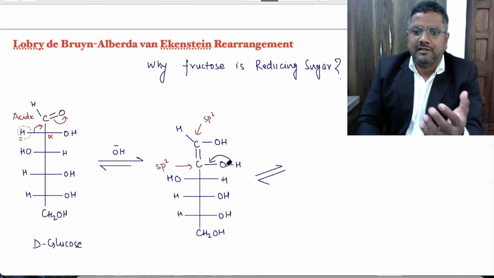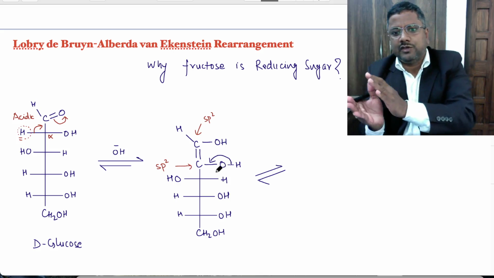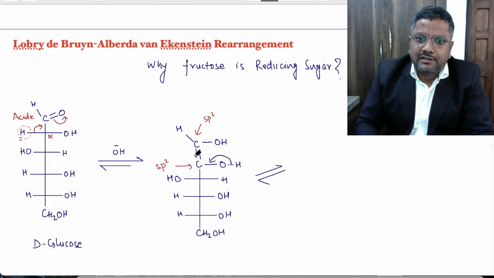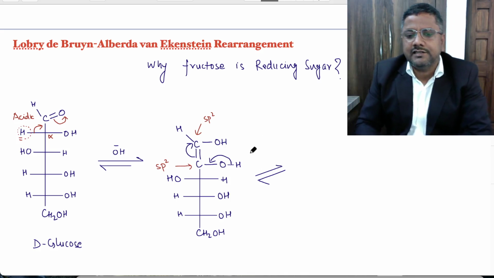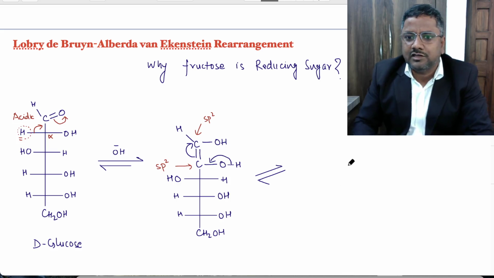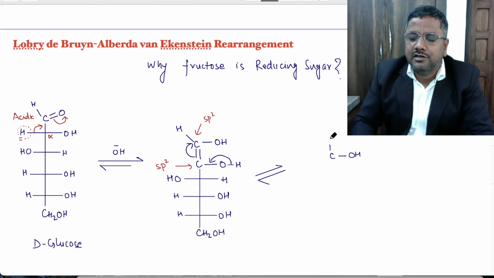So the movement of this bond has two orientations, that this OH may be this side or this side. Because this is sp2, this bond will go like this, right? So negative charge will come here, and here a double bond, so this will convert into the keto sugar. So what will we get? Here negative charge, and this H will come here, so we may get OH, H, H, and CO, and the rest part is the same.